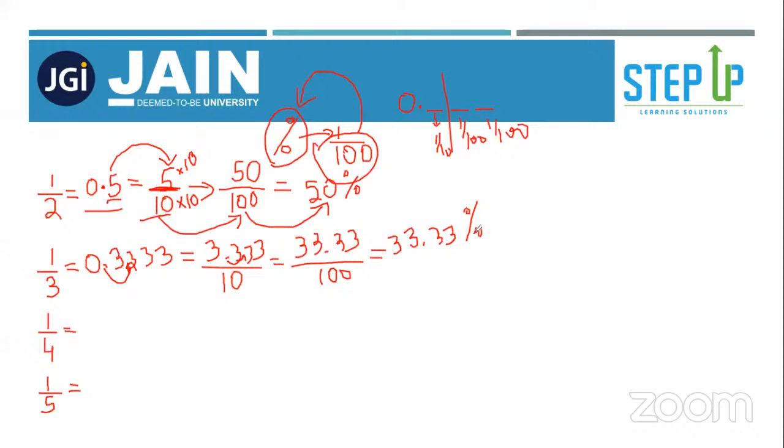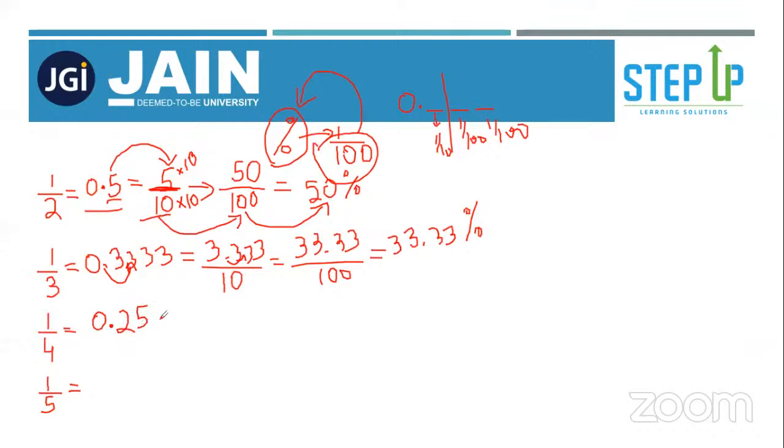Okay, now what is 1 by 4 in decimals? Yes, 0.25.